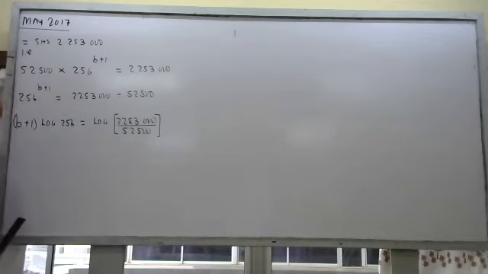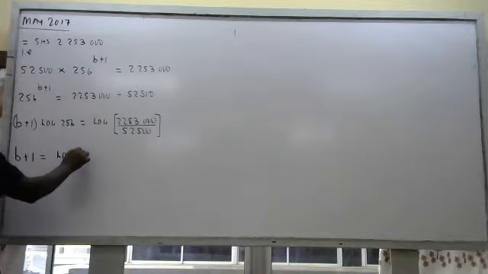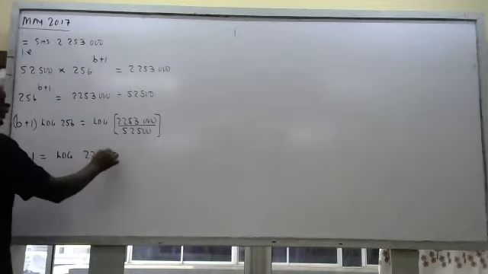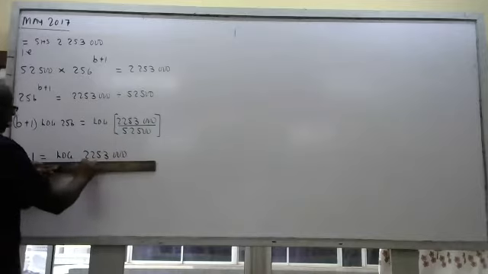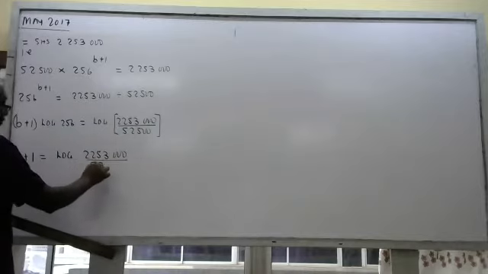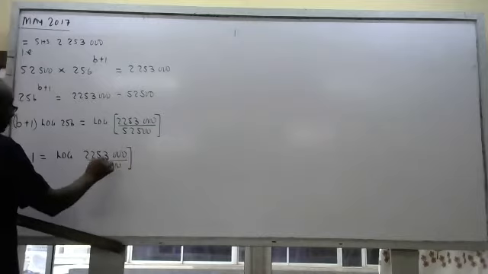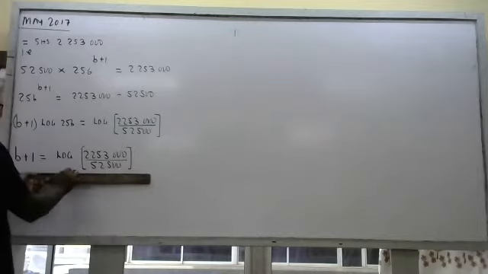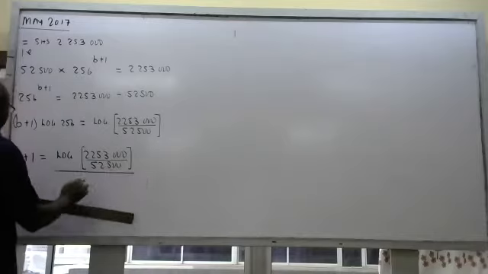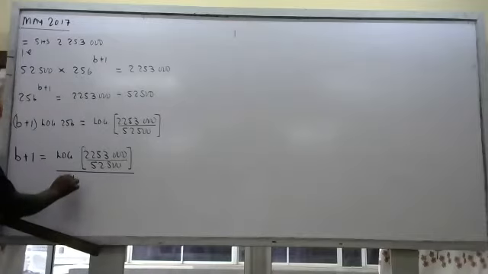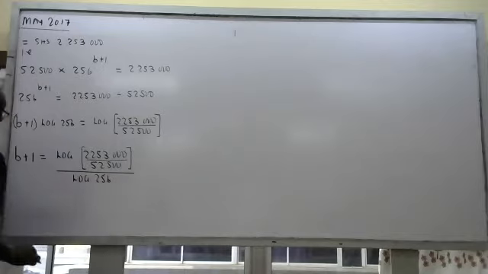When you introduce logarithms, that means b plus 1 will be the logarithm of 2,253,000 divided by 52,500, divided by the log of 256.